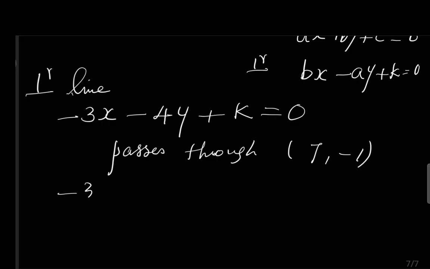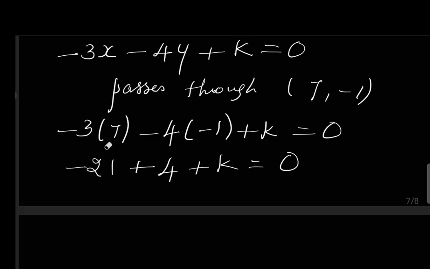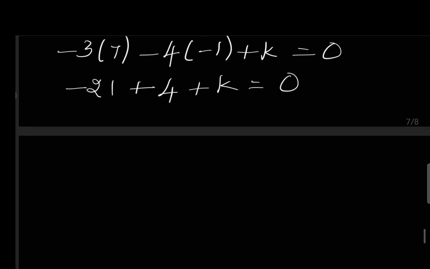So replace x as 7, y as minus 1: minus 21 plus 4 plus k is equal to 0. See, we replace x as 7 and y as minus 1. Minus 21 plus 4 is minus 17 plus k is equal to 0. So k is equal to 17.